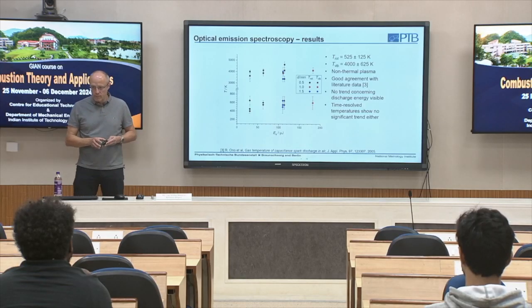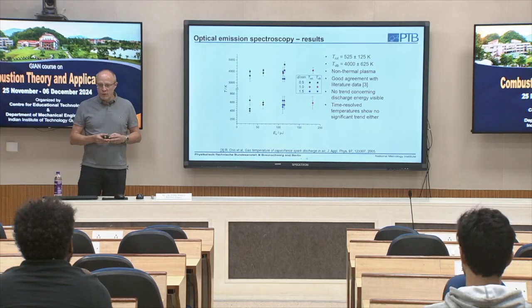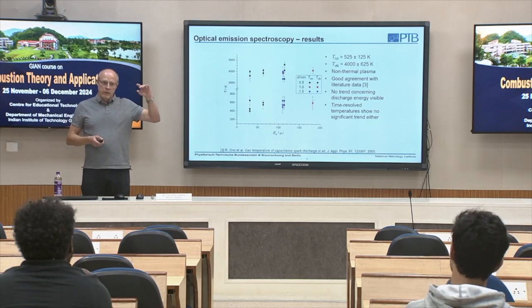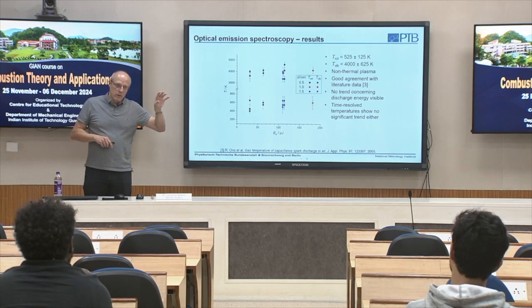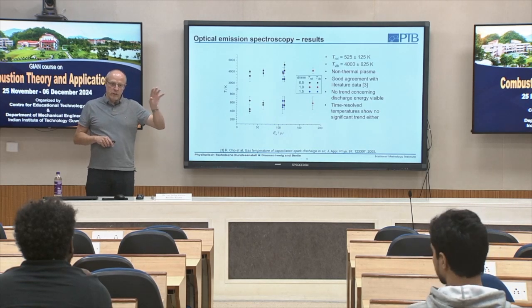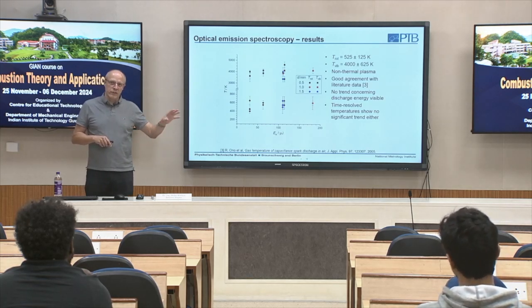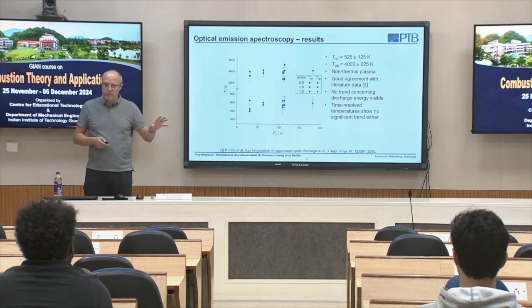We of course have a non-thermal plasma. That means the virtual temperatures of the vibrational and rotational states are not equal to the translational temperatures, that means to the ambient temperatures.